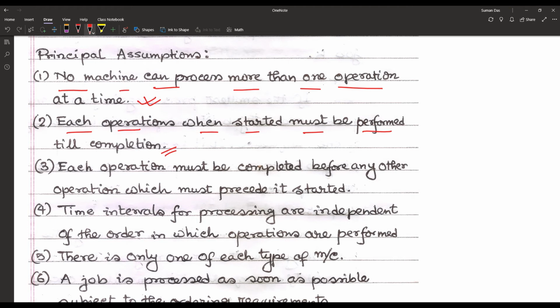That must be the principle. Number 3, each operation must be completed before any other operation which must follow it is started. So each and every operation must be completed, and after that another operation can start.